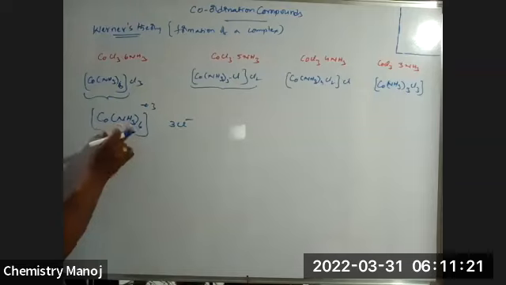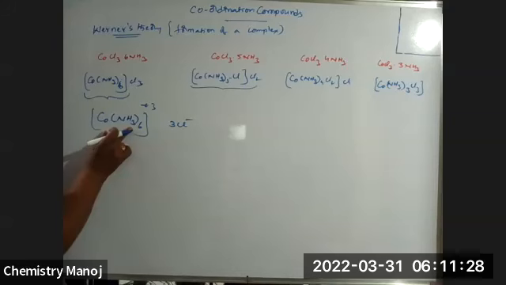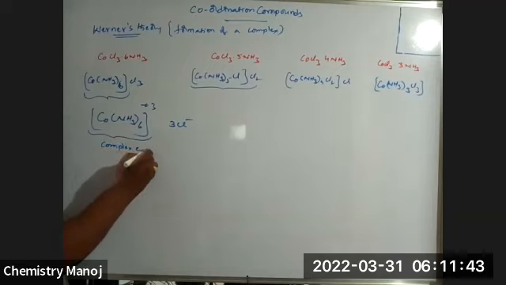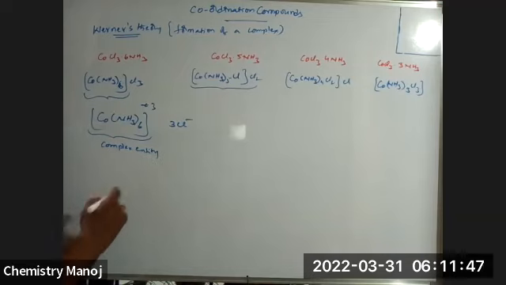Ionizable means it breaks down into ions. Is this inside part ionizable or not? No. Okay, now this box ion is called a complex entity, the non-ionizable part.